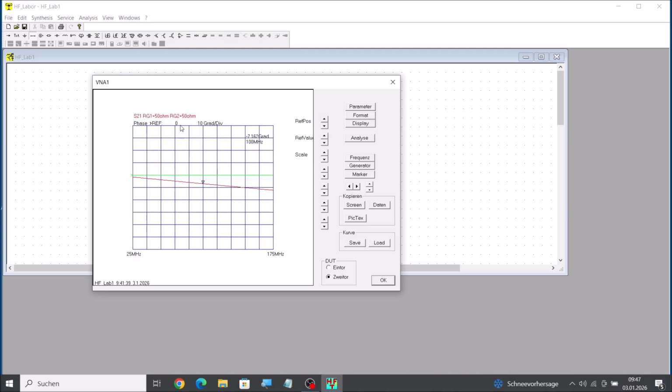So we have a reference value here again of 0 degrees, 10 degrees per division, and in our approximation we assumed a value of 0 degrees, but now you see the simulation tells us we already have here a value of -7 degrees, which is the phase of our parameter S21. So this finishes our example of a lossless two-port.